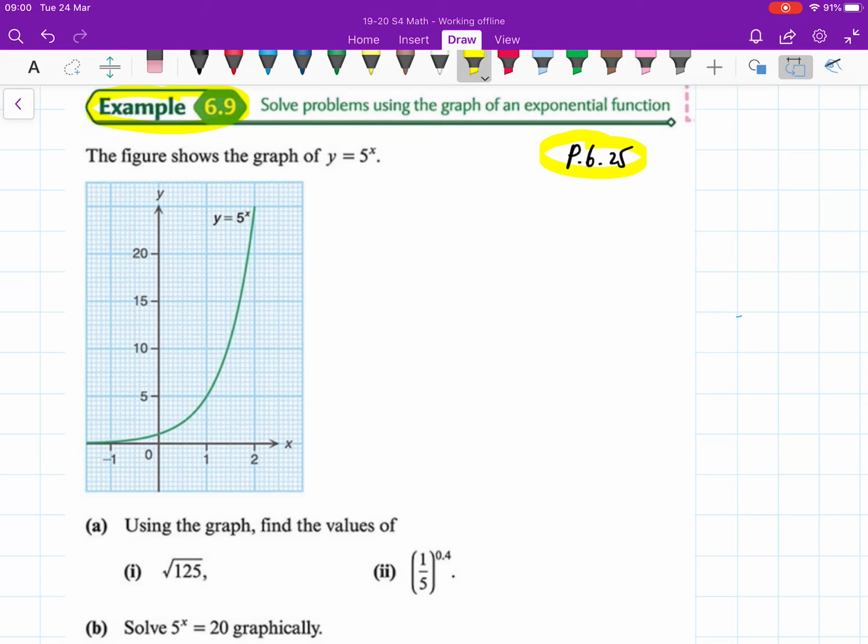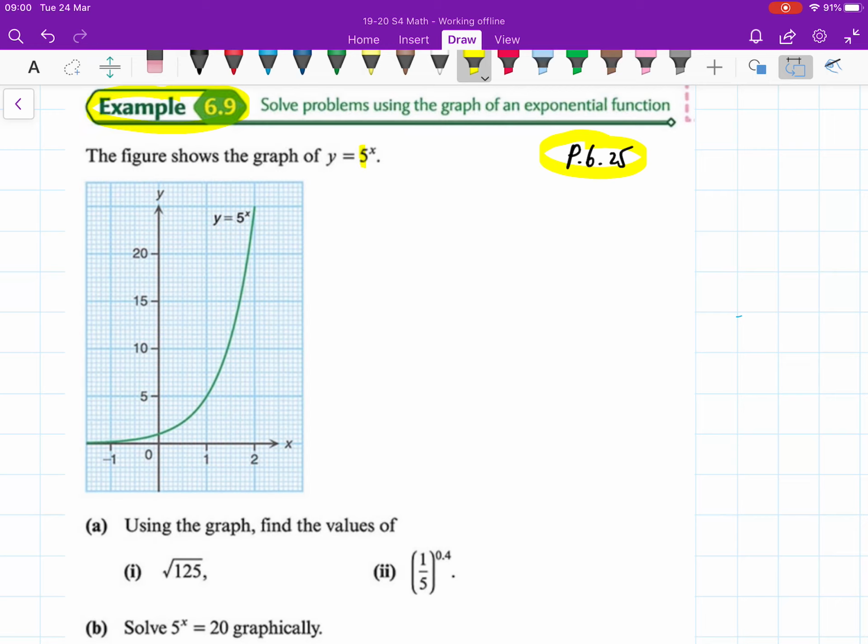So in this question, the graph of y equals 5 to the power x is given, and the base is 5. Okay, it is very important. And for part A, it asks you to find the values of the square root of 125 and 1 over 5 to the power 0.4.